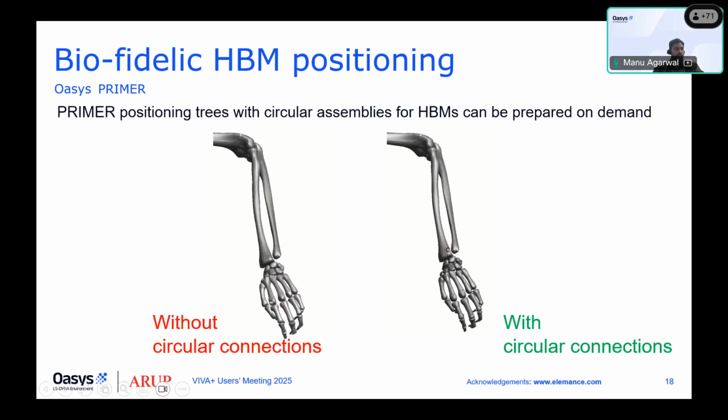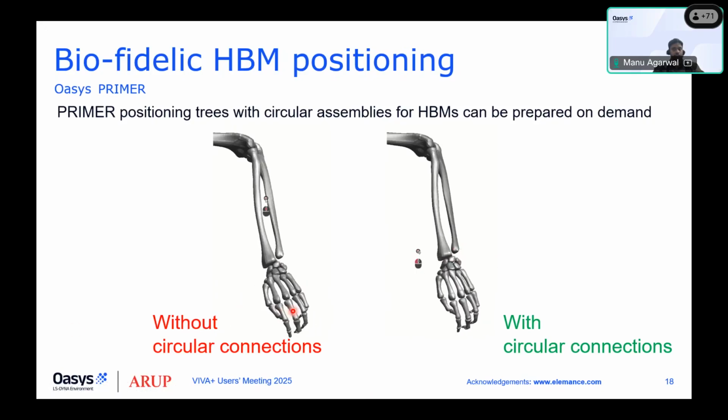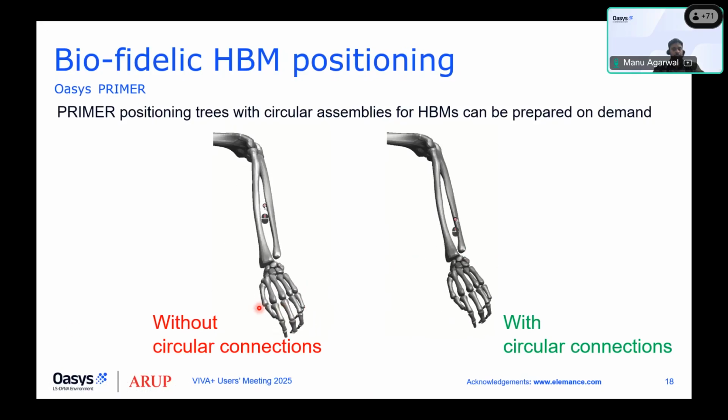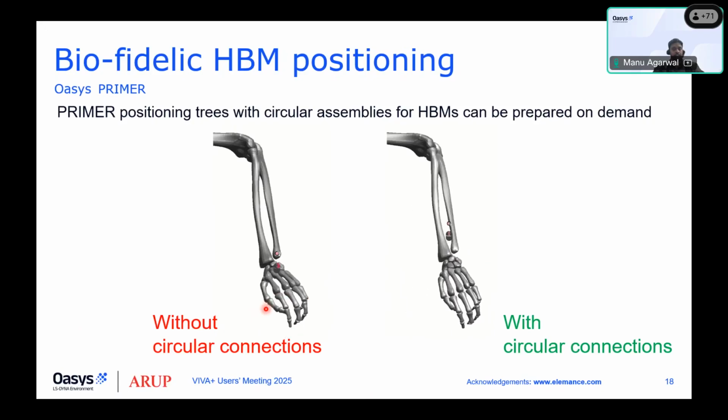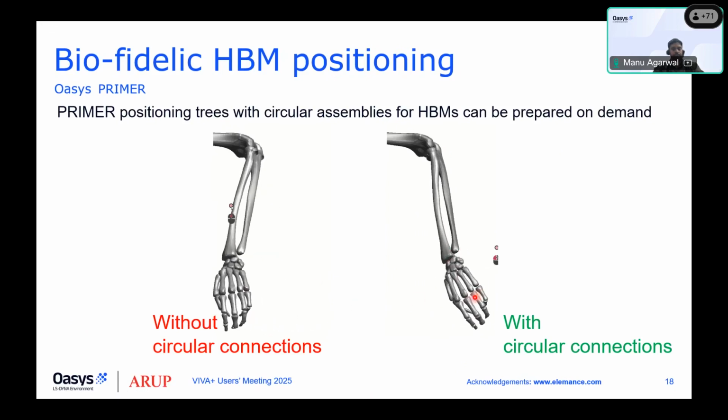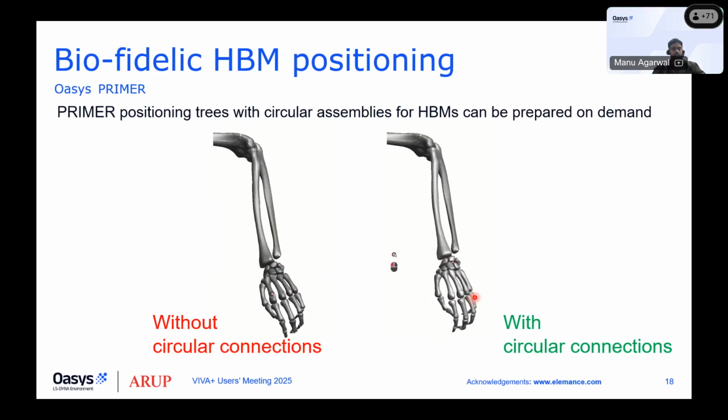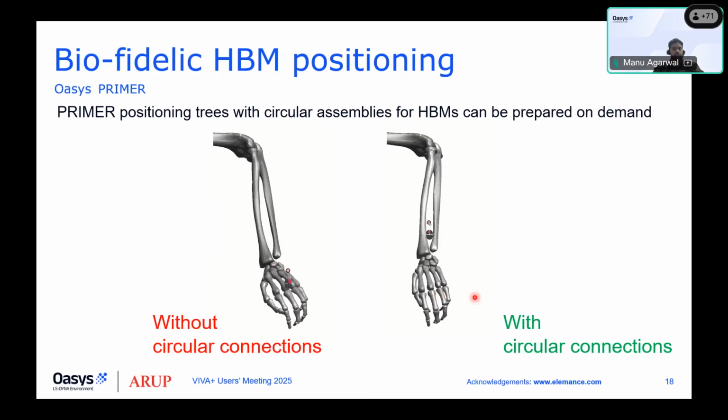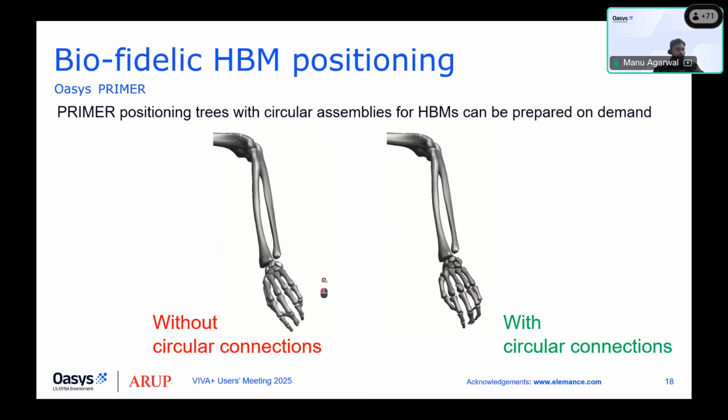So just to showcase how the wrist is moving without the circular connections when it is rotated laterally, and in here with the circular connections, the wrist moves along with the bone, the arm bone.